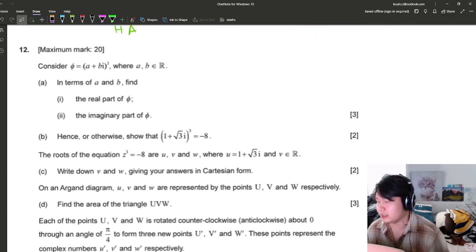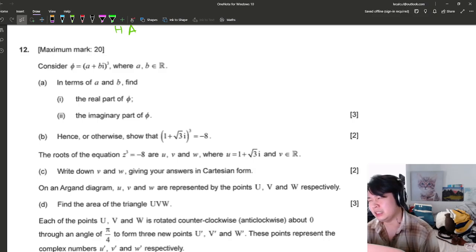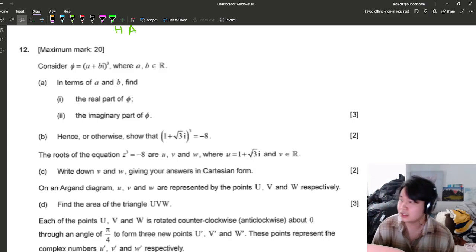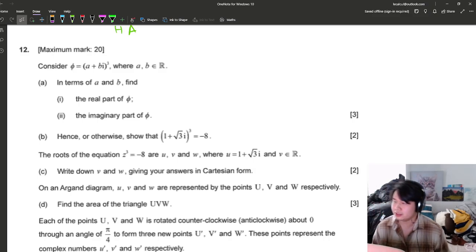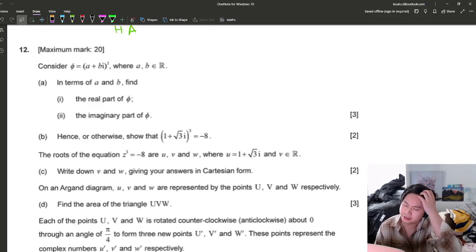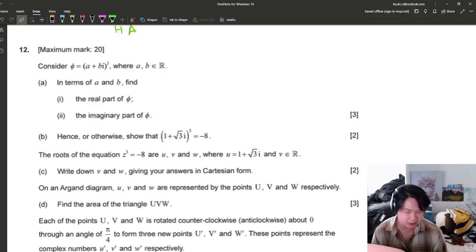Consider phi. Phi is a plus bi to the power 3. Okay, whatever, phi. In terms of a and b, find the real part of phi, whatever you want to call it, and the imaginary part. So you have to expand this out, right? But of course, you can always use binomial expansion. So I'm going to do that to expand this out.